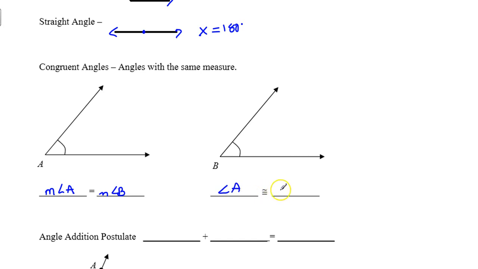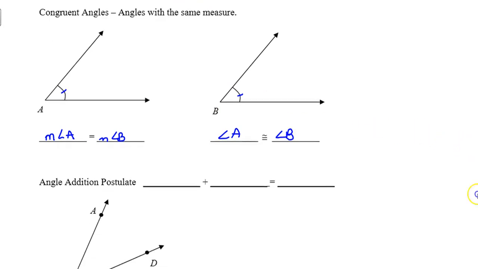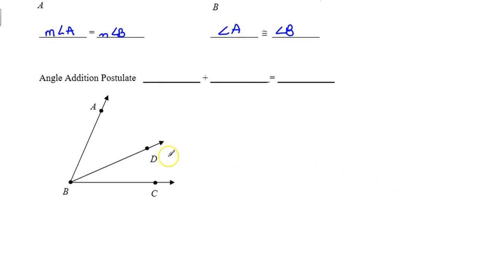Angle A is congruent to angle B. One of the ways we can indicate that is this tick mark right here and this marking right here. Sometimes you'll see some write them with a number, first one, two, etc.